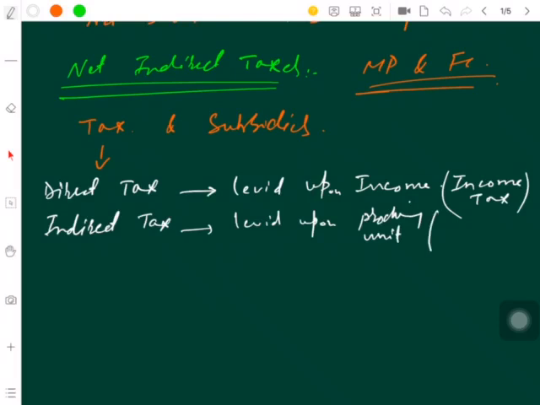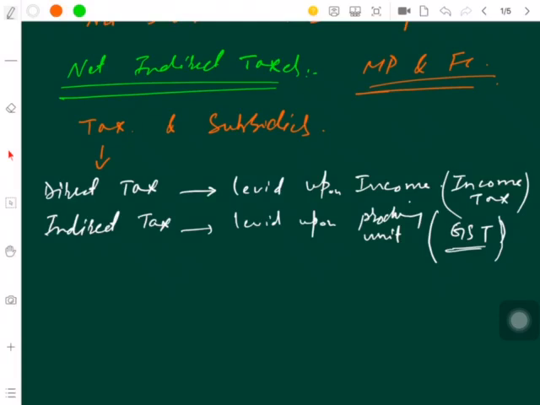For that, an example is corporate tax, or for you it will be GST. GST is a tax which we are paying nowadays. It is the latest form of your sales tax and all. So GST is an indirect tax.